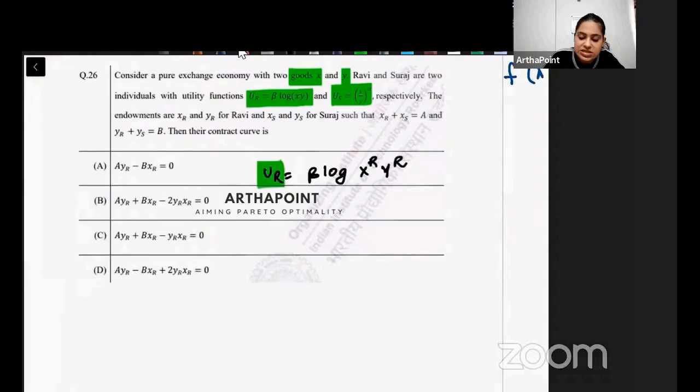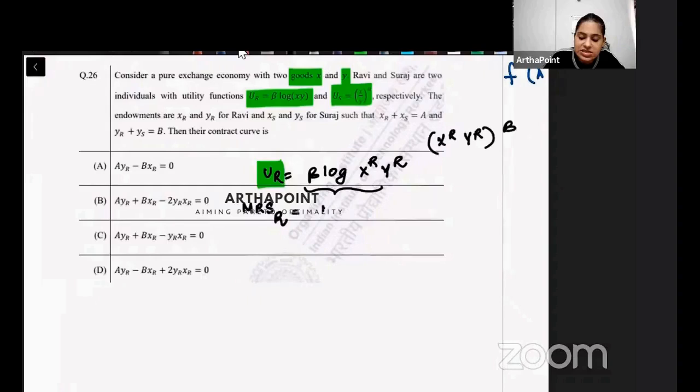Now find MRS of individual R. Either find it for this or find it for x to the power R, y to the power R, whole to the power beta. You will get the same answer.